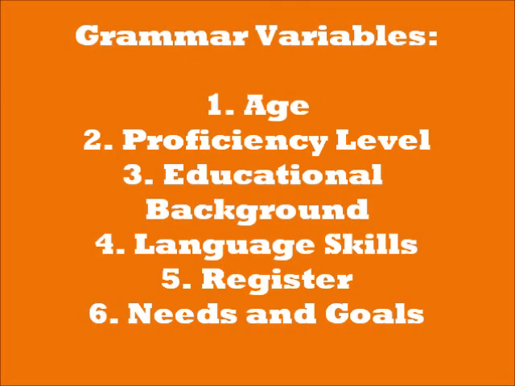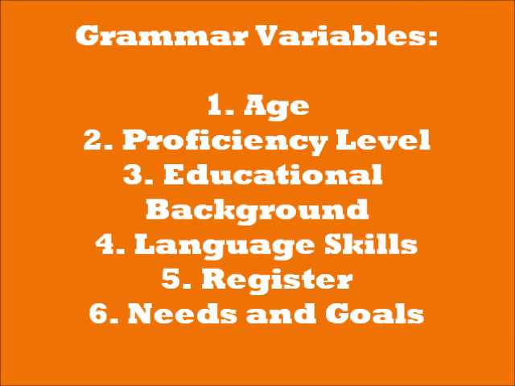Apart from these techniques, there are 6 variables that represent optimal conditions for learning and teaching a language, in this case grammar. The first variable is age. If you are teaching children, you should provide very simple data, whereas if adults are the learners, you can provide very advanced grammatical aspects. Another factor that helps us to determine the role of grammar in language teaching is proficiency level.